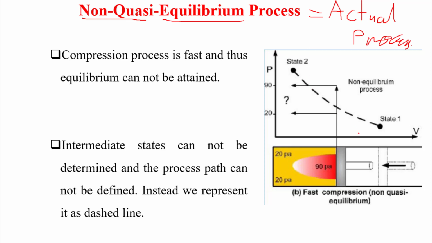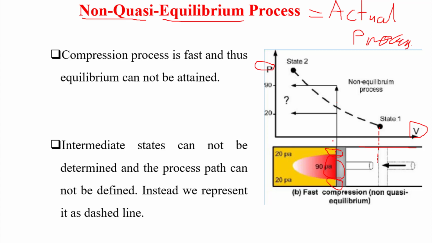Same example, but now we have an actual case. Here we have volume, here we have pressure. This is the piston cylinder assembly. Here is state 1, and we take an intermediate state, this one for example. Here you can see that the pressures are not the same along the piston.